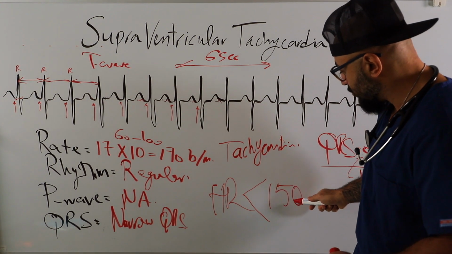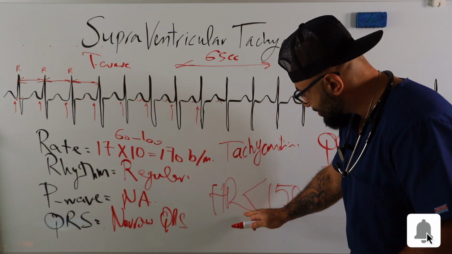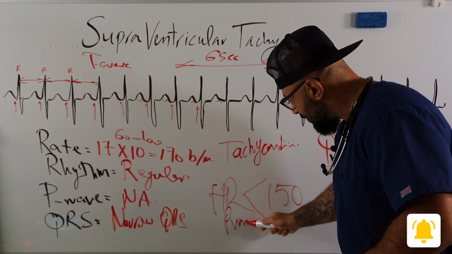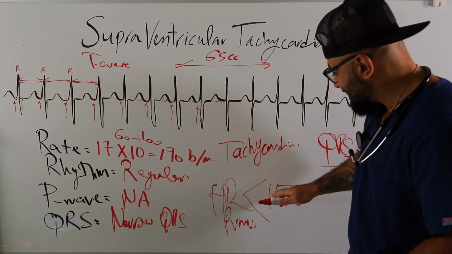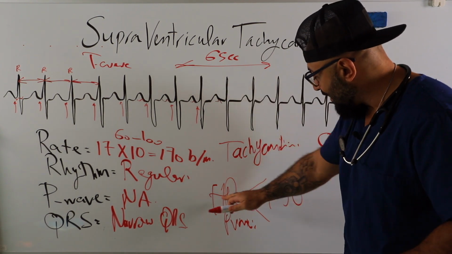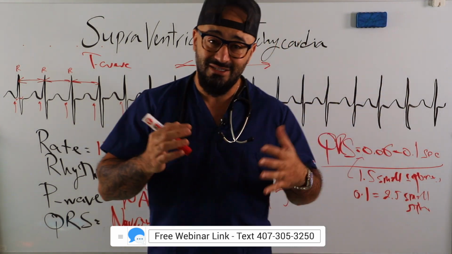In this case it's 170. But the other criteria you need to check for, not just the heart rate, but also the P wave, right? So if there's no P wave and the heart rate is above 150, then supraventricular tachycardia. Below 150 and there is a P wave, it's a regular tachycardia, right? That's how you can tell the difference.